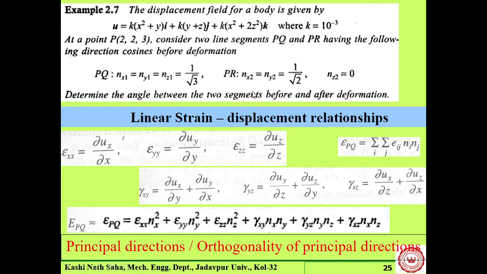The angle between the two line segments would have been somewhat different, and this change depends on the value of the gradient at that point. So understand that part. In our previous lecture, we discussed principal strains and principal directions, right. We have a problem also.